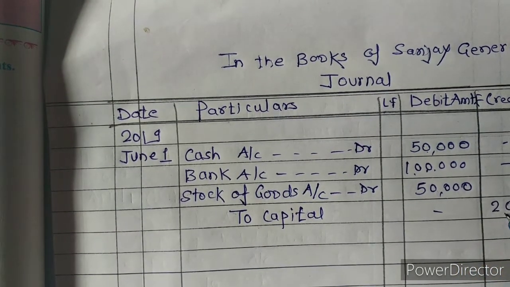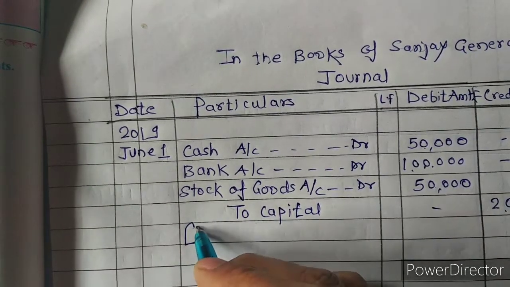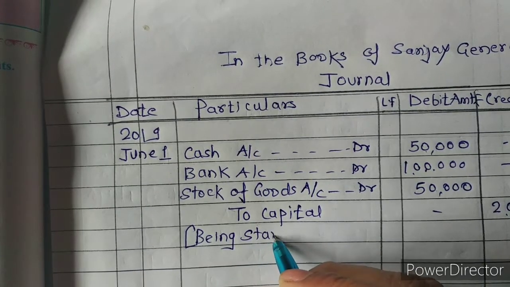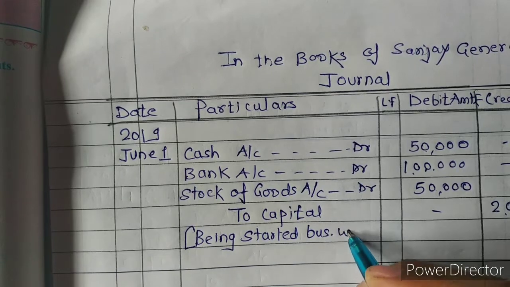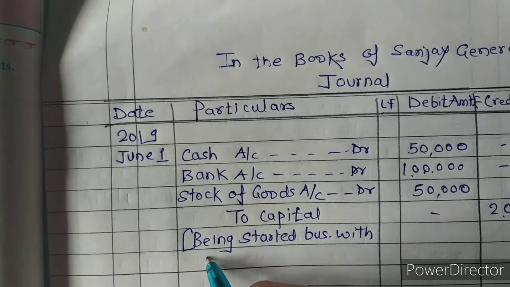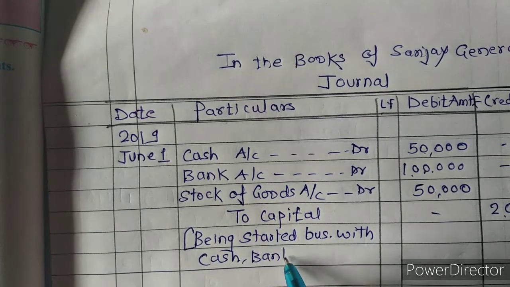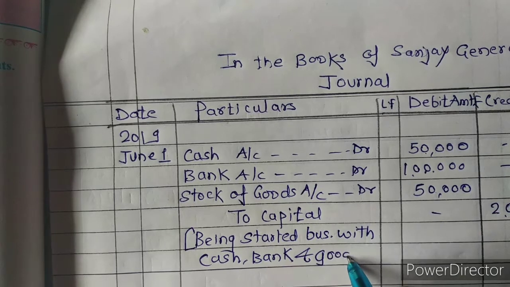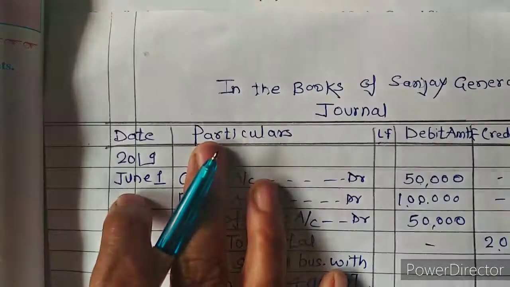On credit side 2 lakh. Now narration: being started business with cash, bank and goods. Now this is the combined entry.